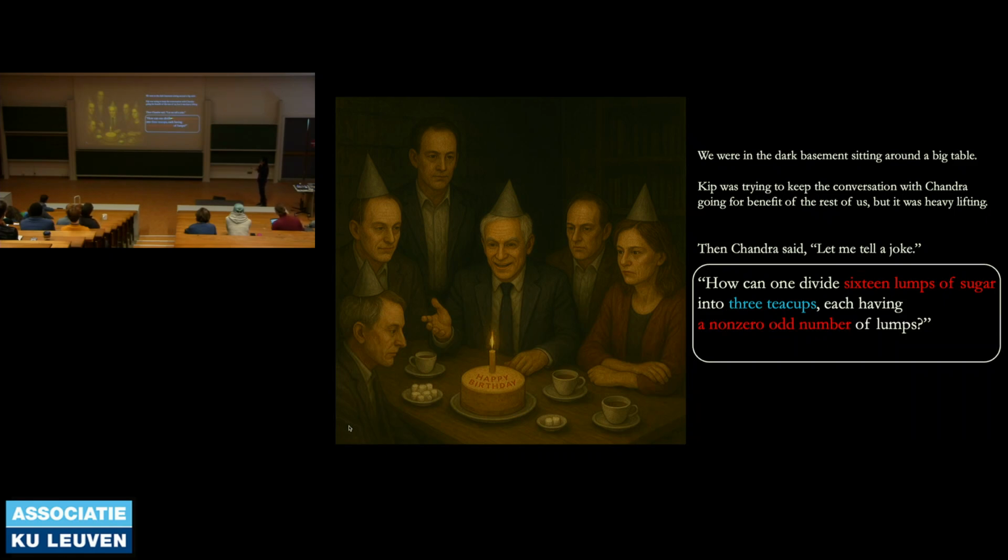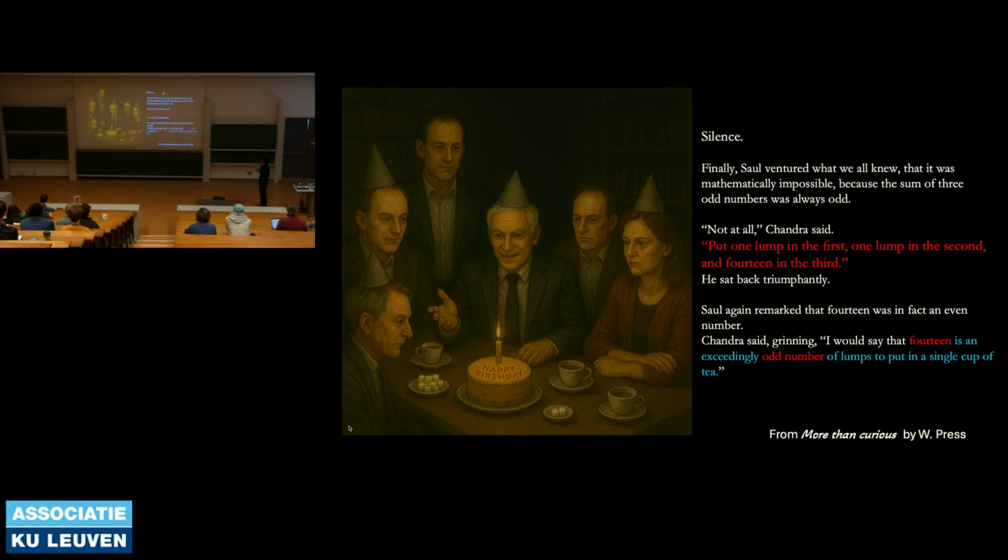How can we divide 16 lumps of sugar into 3 teacups, each having a non-zero odd number of lumps? We have 3 teacups, 16 lumps of sugar." There was silence, and then Saul ventured and said, "This is probably not possible, because the sum of three odd numbers is always odd." Chandra said, "Not at all.